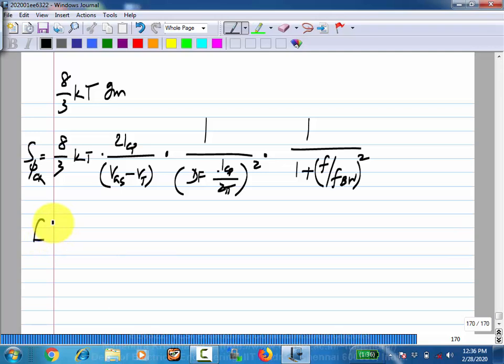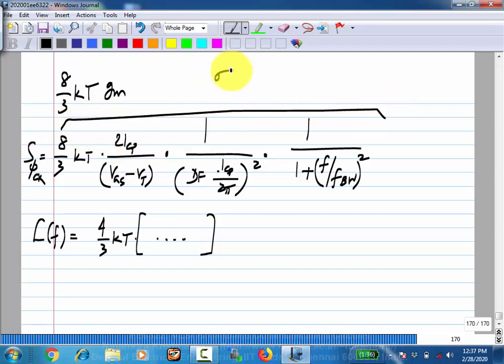Now if you express this as the phase noise, you have to take, because this 8/3 kT gm is a single sided spectral density, whereas the phase noise is 1/2 of that, right? So this will be 4/3 kT times the rest of the stuff. Okay? And also if you integrate this, you will get the variance of the phase noise here, which is 8/3 kT 2 times ICP by VGS minus VT.